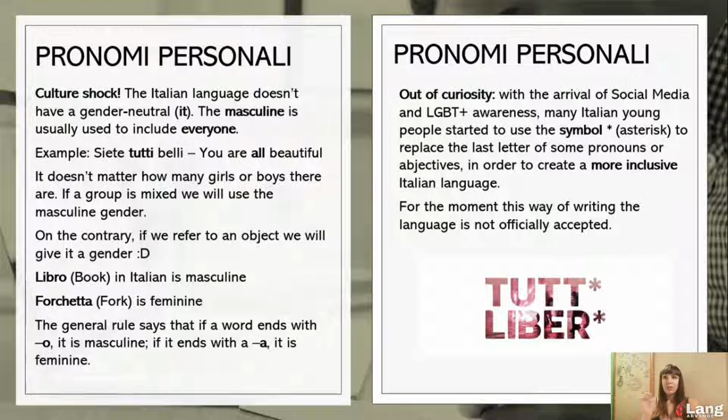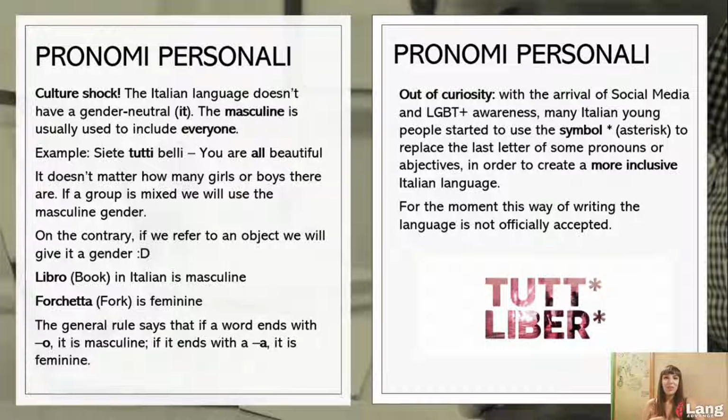Out of curiosity, on the right side, this is just for your information. If you are interested in following VIPs or Italian influencers on social media, you will notice how many of them started to replace the last vowel of words with an asterisk. Why?